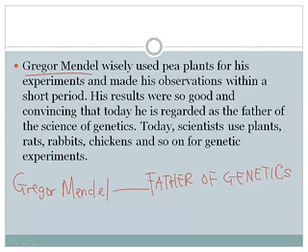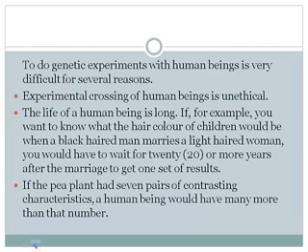Today, scientists use plants, rats, rabbits, chickens, and so on for genetic experiments. To do genetic experiments with human beings is very difficult for several reasons. It's better for us to use plants.